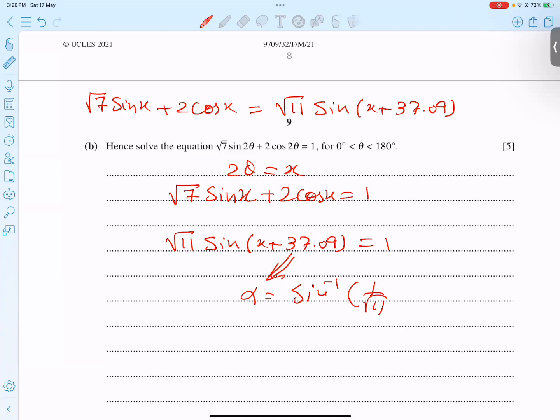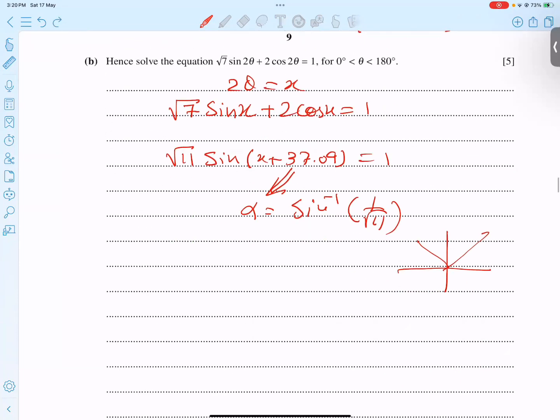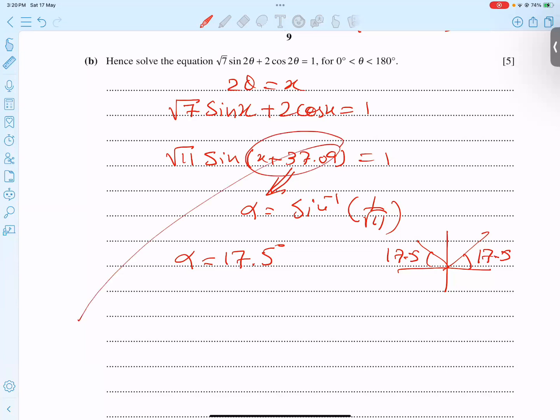When I check it, sine is positive in which quadrants? First and second, and we are looking for the first 2 quadrants. So when I check sine inverse of 1 over root 11, my answer is coming 17.5 degrees. After this, I bring this whole thing back down.